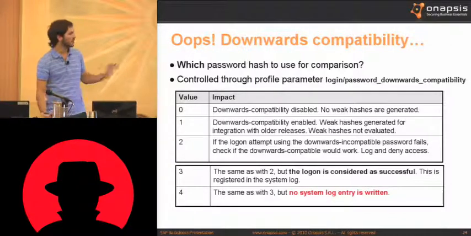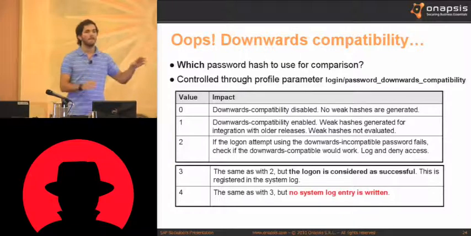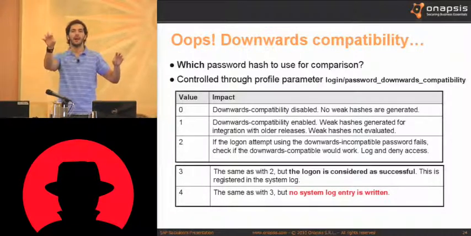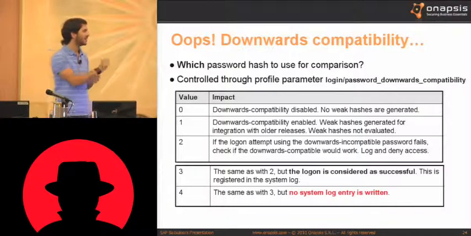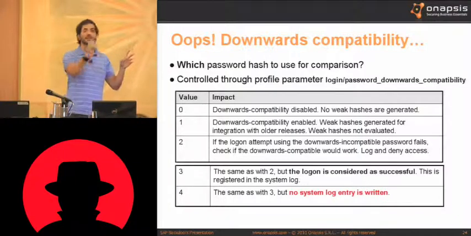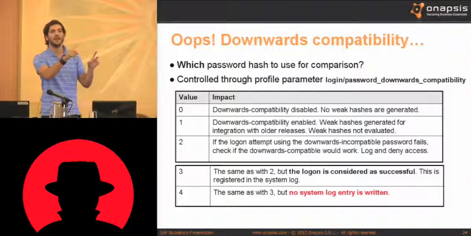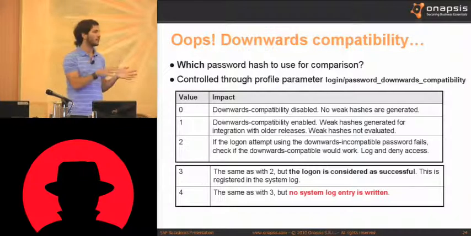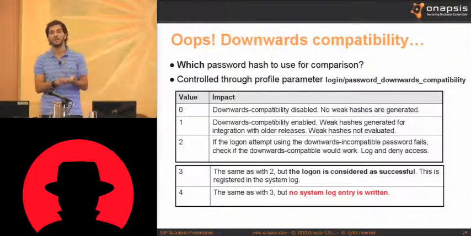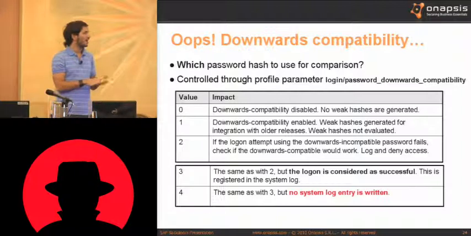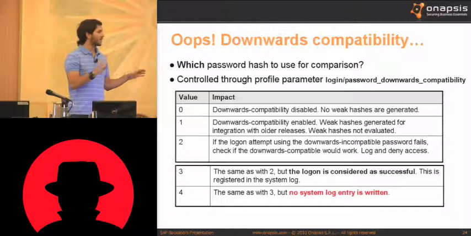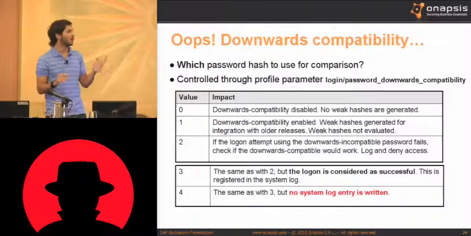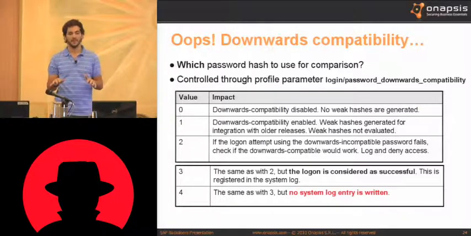Value number 3 is pretty much the same as 2, so your password is checked against the strong one, and if it fails, it's checked against the old one, but with this slight difference: if the second check works, the logon is granted as successful. And this is registered in the system log. And don't ask me why 4 is there, but it's the same as 3, with no system log entry written at all.